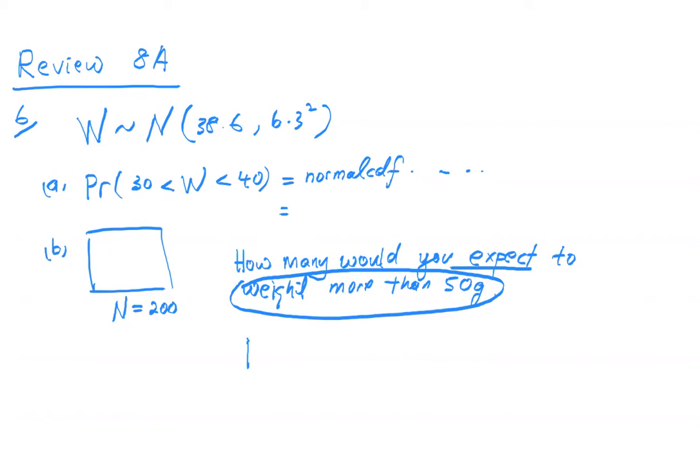So the probability that the weight is more than 50 grams. You get that? So you don't get confused by the question. In this case, nothing to do with binomial. For probability, it gives you the percentage. So if you know the probability, you will know how many. Do you get me?